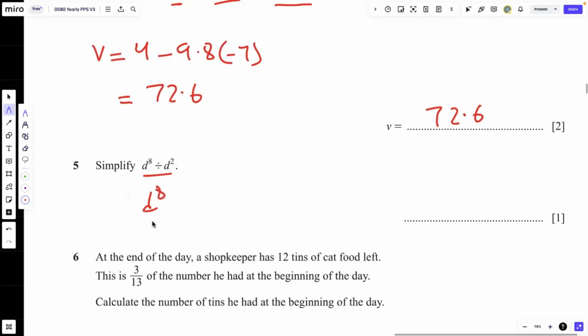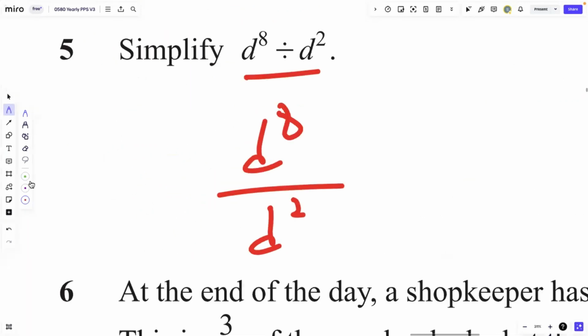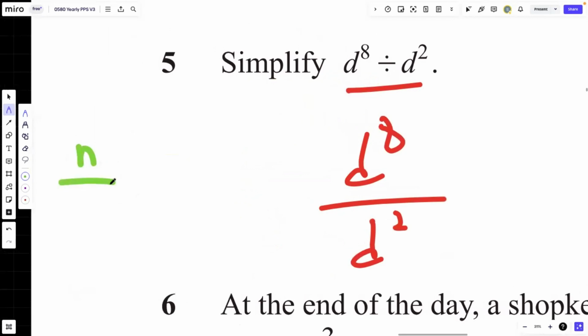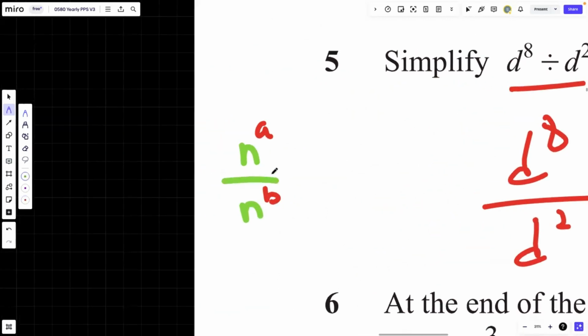We're supposed to simplify this expression, so the best way is first to write it in a fraction form, which is the same thing as being divided. And then you need to have some basic indices knowledge here to solve this further, that whenever you have let's say n over n, and you have the powers as a and b. So when they're being divided, it can actually be written as n to the power a minus b.